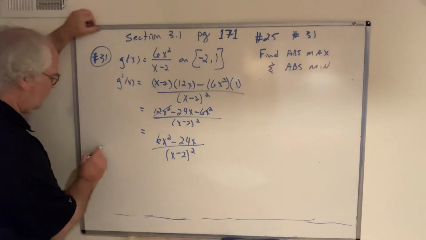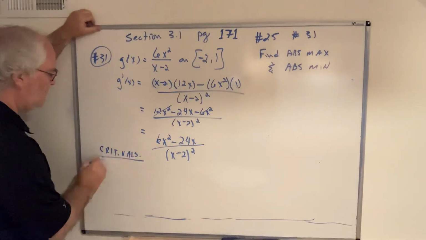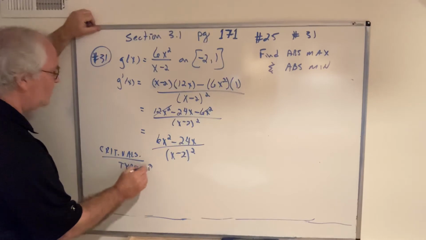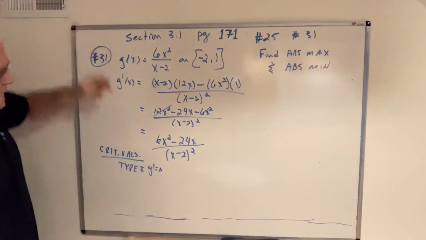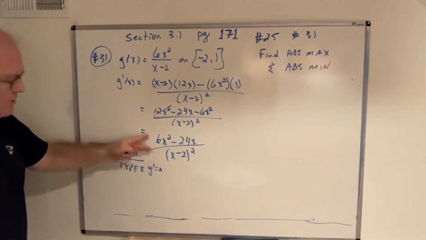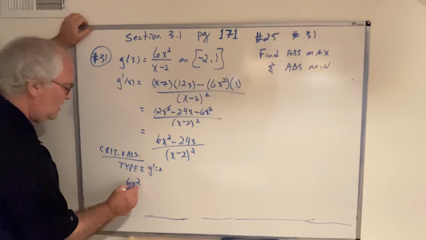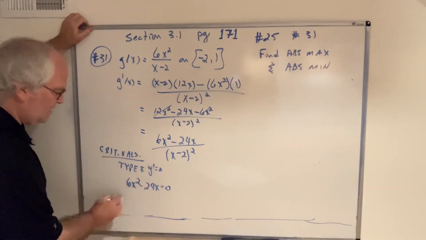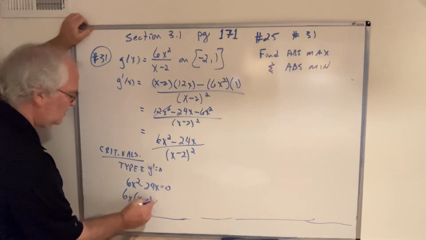And so now we're going to find the critical values. Type 1 is where g prime is equal to 0. A fraction equals 0 where the numerator, 6x squared minus 24x, is equal to 0. Factor out 6x, leaving behind x minus 4.